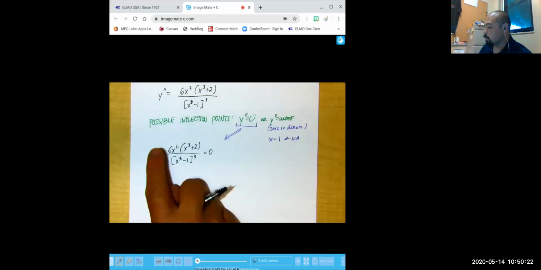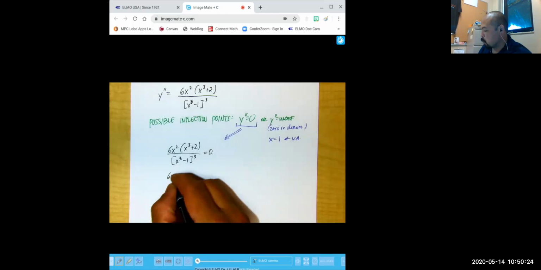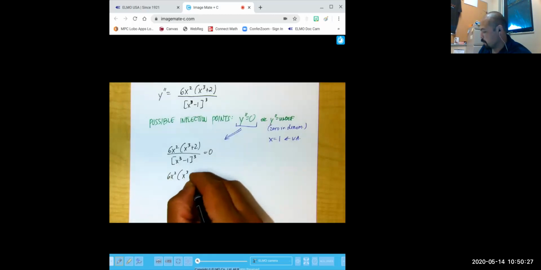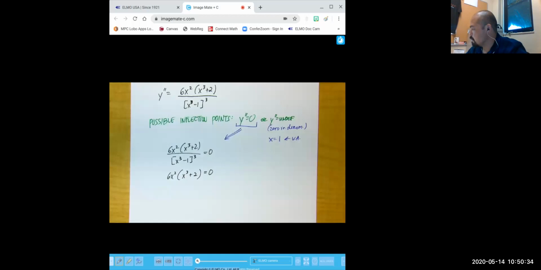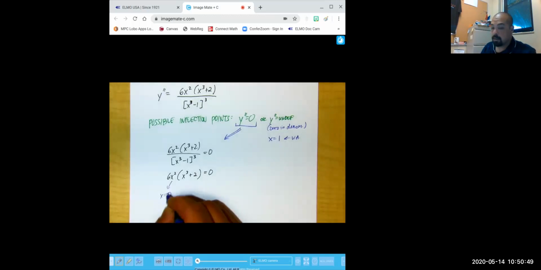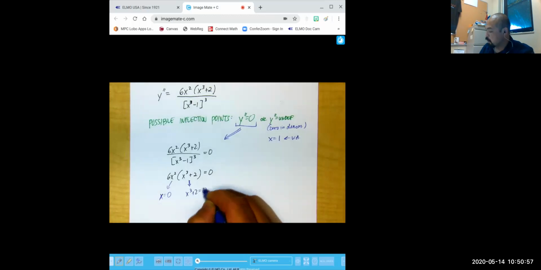Cross multiplying both sides by the LCD, again, we focus on where that second derivative equals 0. Where does that happen? When x equals 0. Something interesting happening there. But also x cubed plus 2 equals 0. Don't mind me jumping to it.